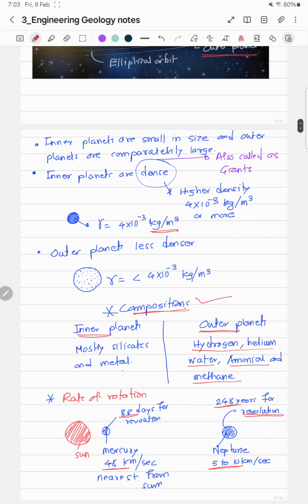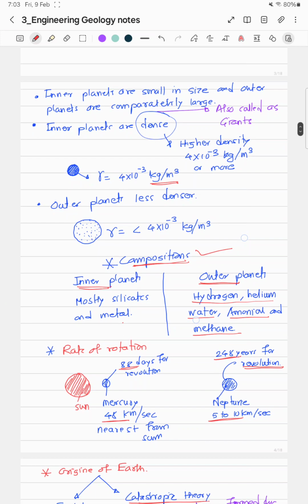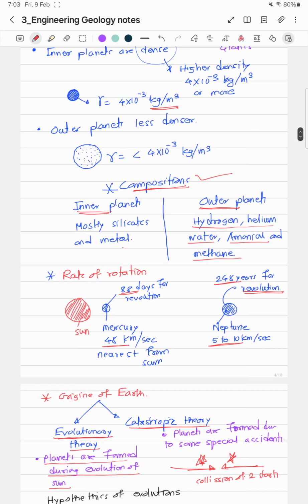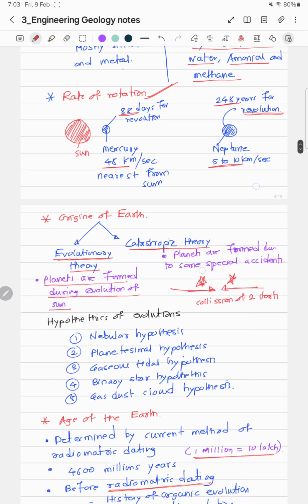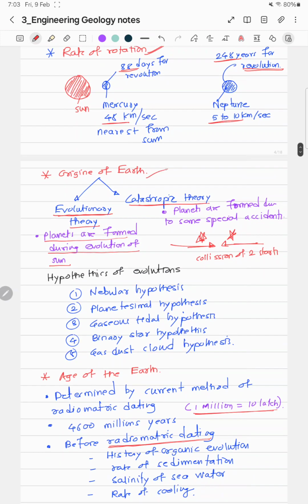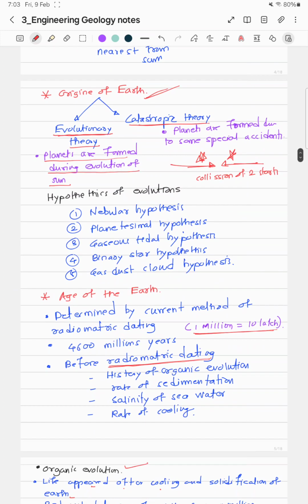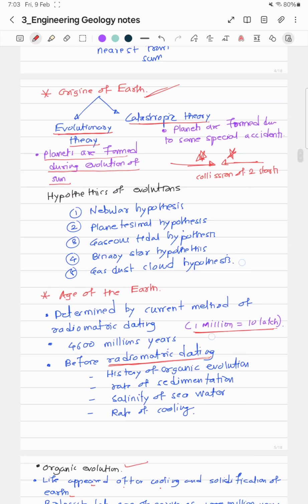Then regarding these planets, we have also seen the compositions and density of these planets and the rate of rotation of these planets. Then we have also discussed the origin of earth, the theories which support how the earth has been formed, and there are different hypotheses which support these given theories.